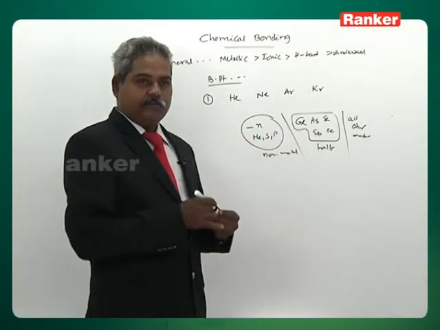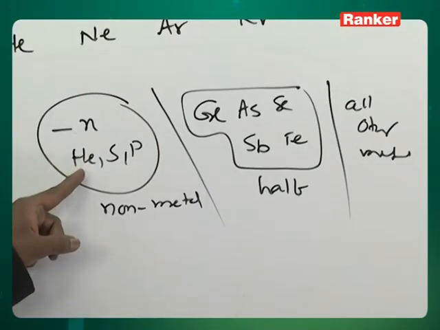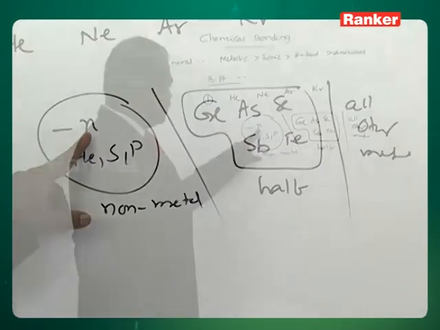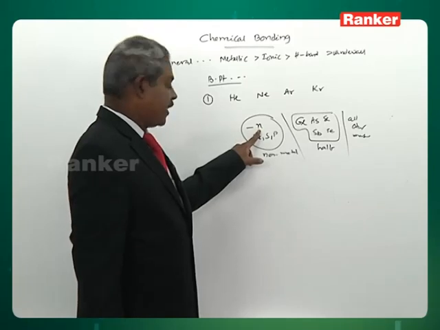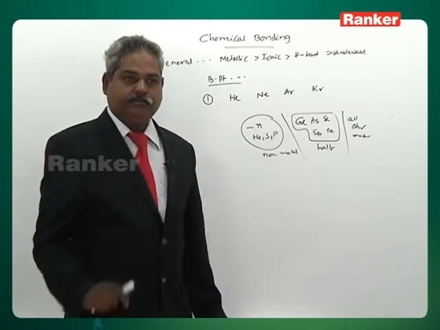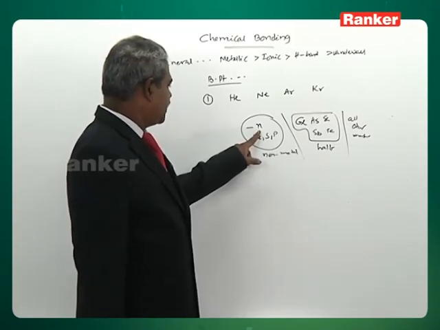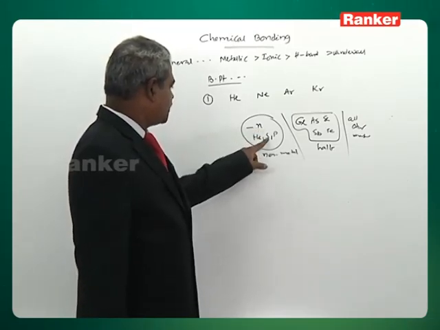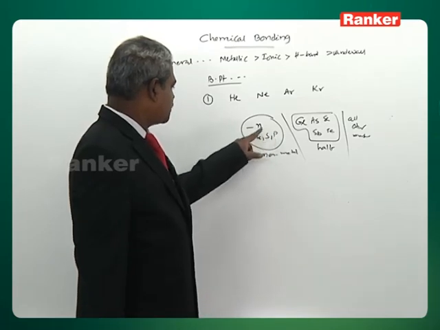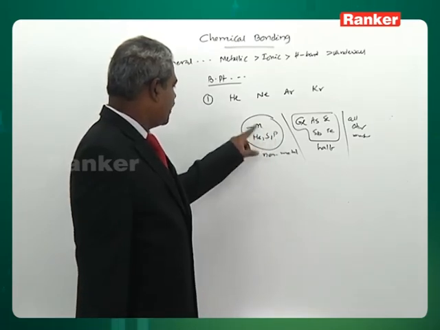Names ending in N: helium, neon, argon, krypton, xenon, radon. All of them are ending in N. Fluorine, chlorine, bromine, iodine. Oxygen, sulfur. Nitrogen, phosphorus. Carbon, silicon, boron, hydrogen.